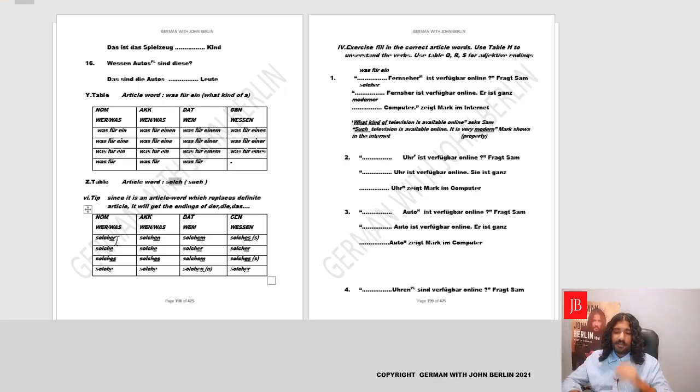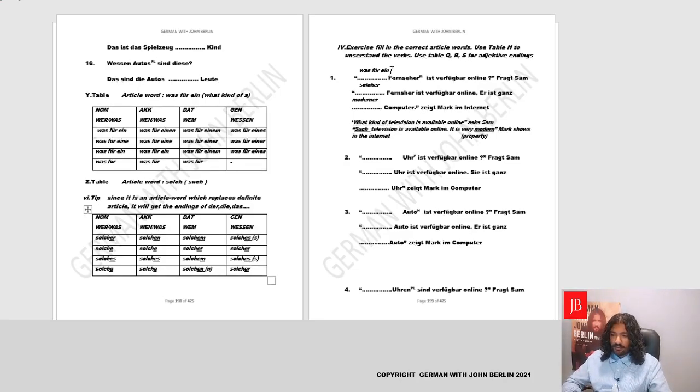So it'll be solcher, solche, solches, solche, just like we learned earlier: der, die, das, die. And it'll be den, die, das, die, accusative. Solchen, solche, solches, solche. Then it'll be dem, der, dem, den. Solchem, solcher, solchem, solchen. And then genitive: solches, solcher, solches, solcher. We'll do all these. Now to get started, there are some sentences which I have for you.